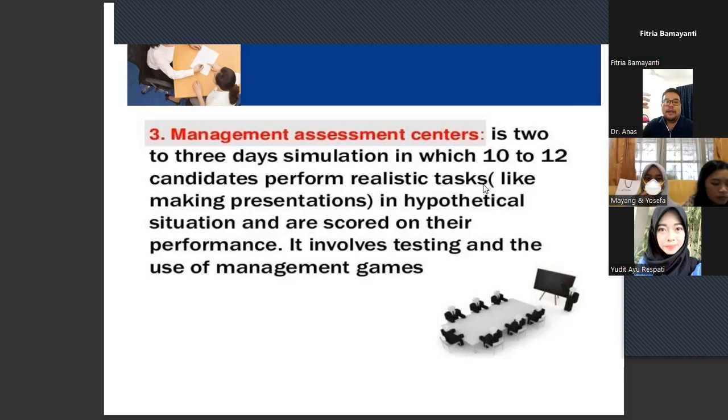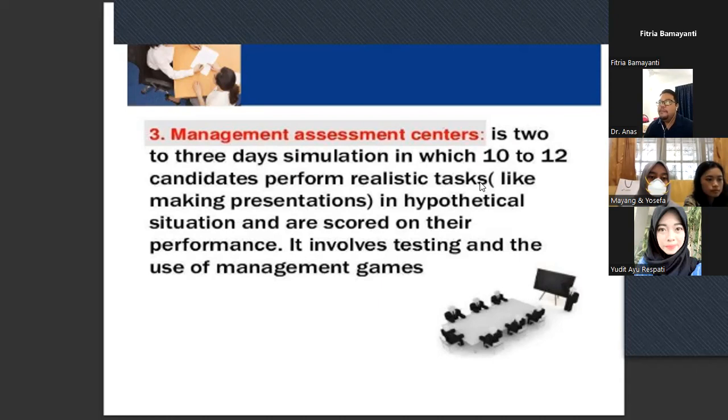Even though Mayang and Yusifa are best friends, when they come to the interview room they are not just best friends, they are competitors. They must compete between the other candidates.